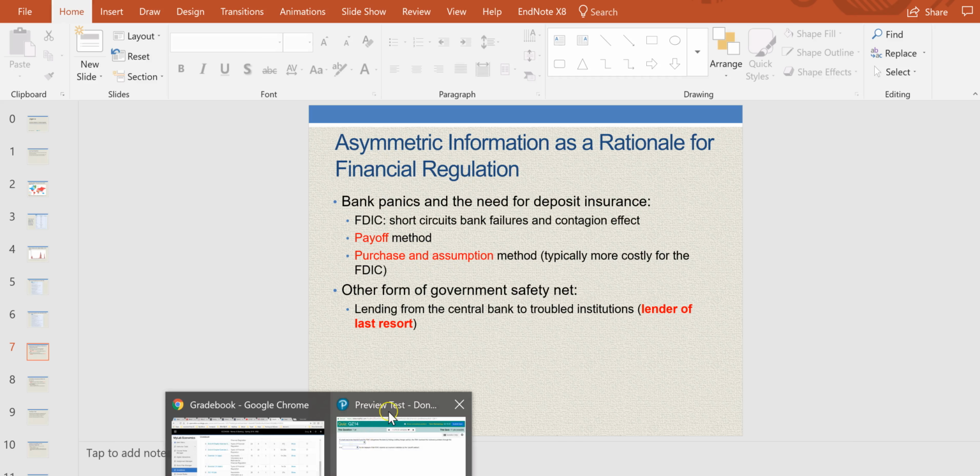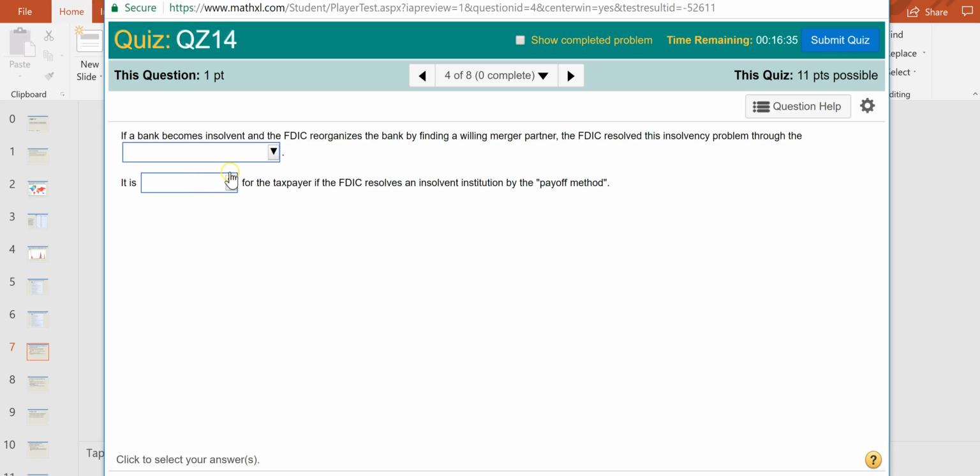But remember here, first let me answer the first part. That's the purchase and assumption method, as we just explained, right? And then the second part is about which method is more costly for the taxpayer. Right now the FDIC is resolving by the purchase and assumption method.